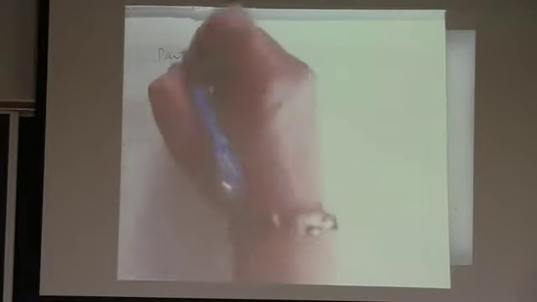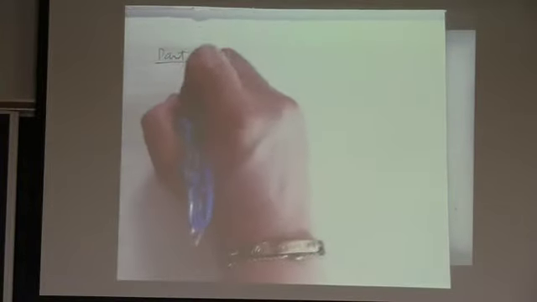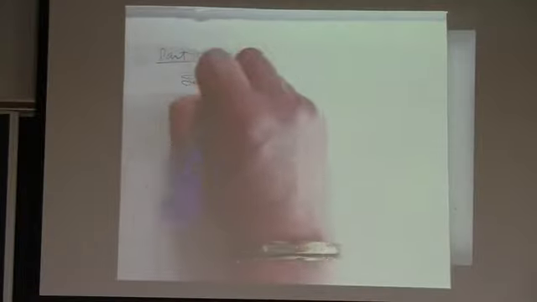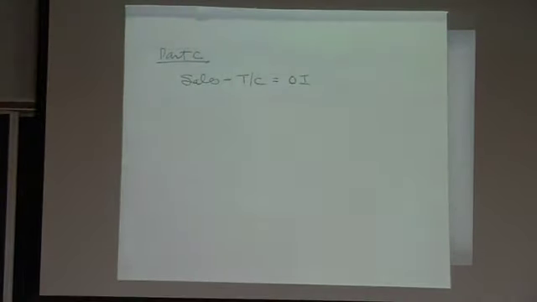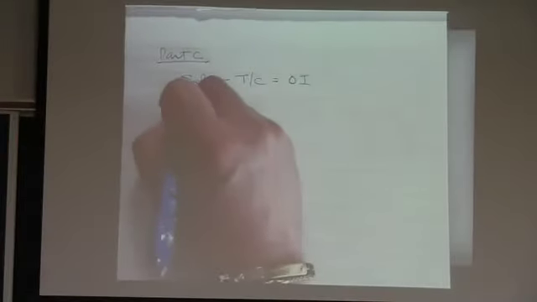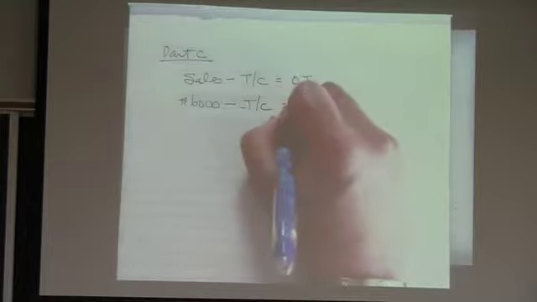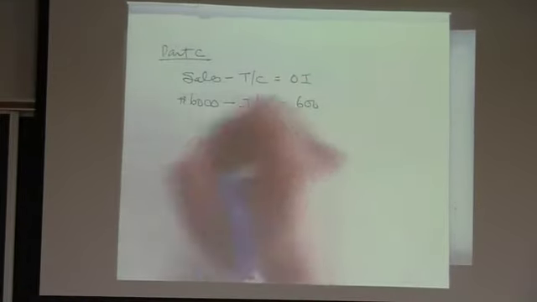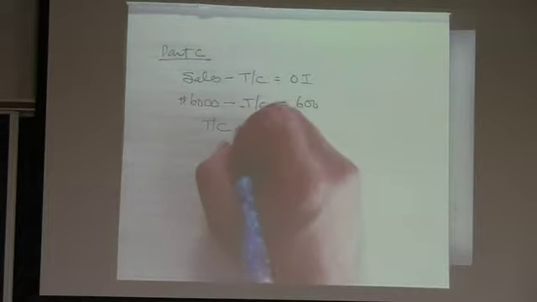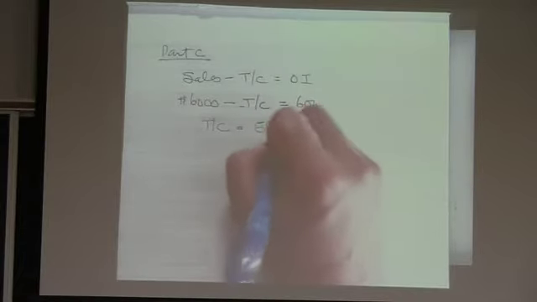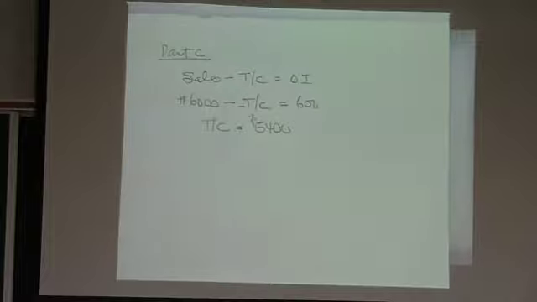So the best thing for us to do is to calculate total cost, because sales less total cost gives you operating income. Sales is given to us. Total cost is unknown. But operating income is $600. So at least we know what the total cost is, which is $5,400. And that was one of the questions that they asked, right?